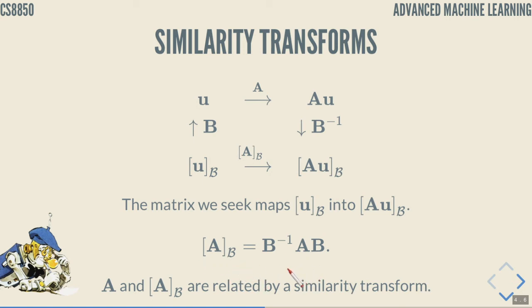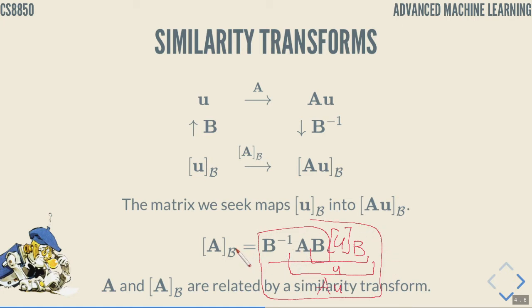B and A are similar with respect to this basis B. If you take this and apply it to U sub B, this gives you U, then applying A gives you AU, and then we apply B inverse, which gives you AU in the B basis.